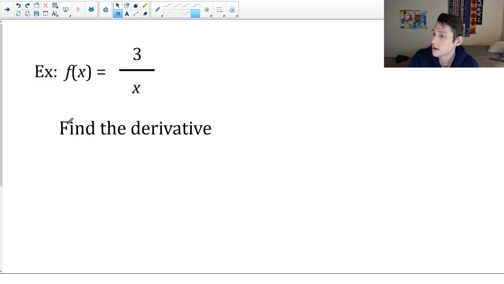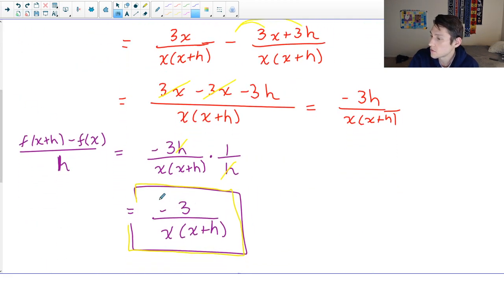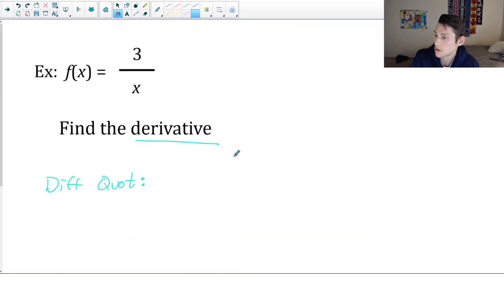So let's say same function, but find the derivative. Okay. Well, if I go through all of those steps, which you will have to do, I know that the difference quotient is negative 3 over x times x plus h.